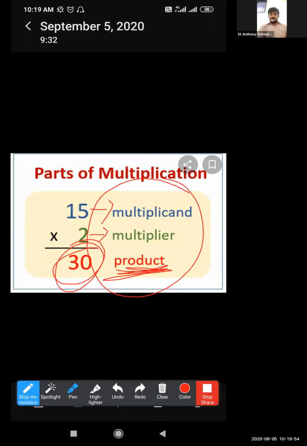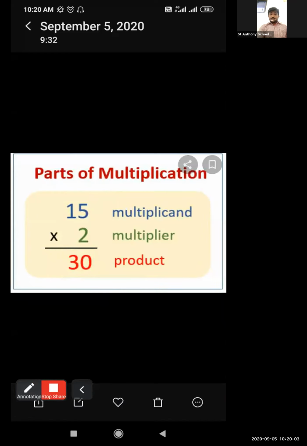These three are the parts of the multiplication. Got it, children? The first number is called multiplicand, the second number is called multiplier, and the answer we get is called product.